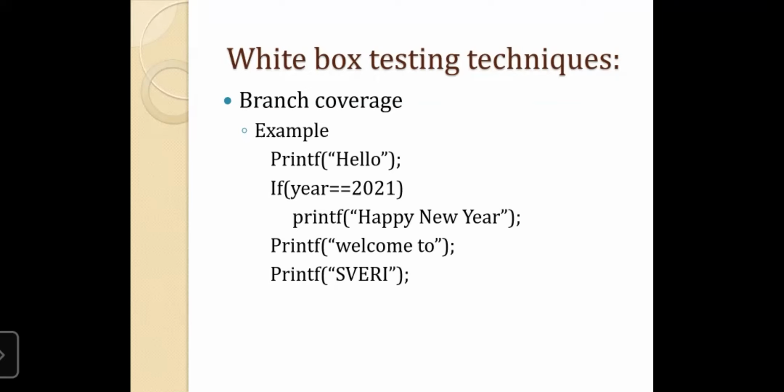If the year is not 2021, if it is 2020 or 2022, then that statement, happy new year, will not be printed on your screen. So whether all these things are getting properly executed or not, that we are going to check.